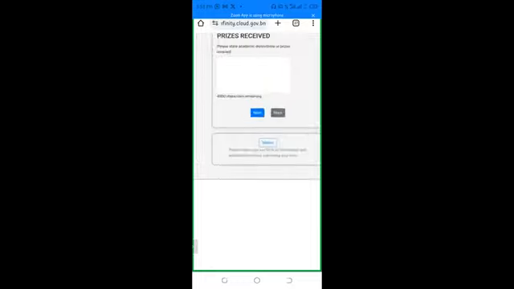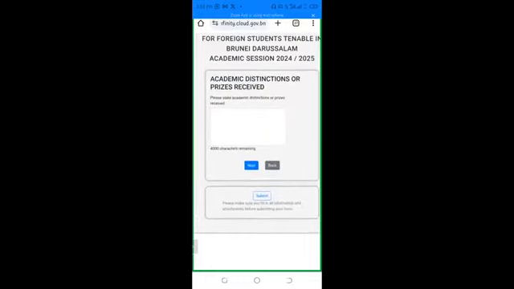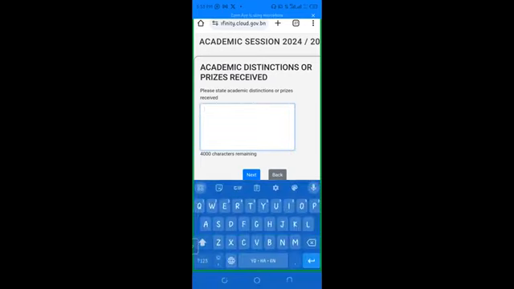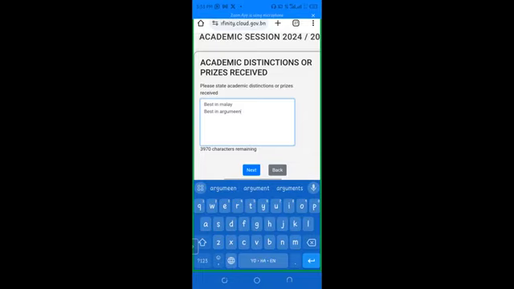And then academic distinctions. You can see that this one is not starred, but I still think it's compulsory. They want me to state academic distinctions or prizes I have received. So let's see, best in Malay language, best in argument, things like that.